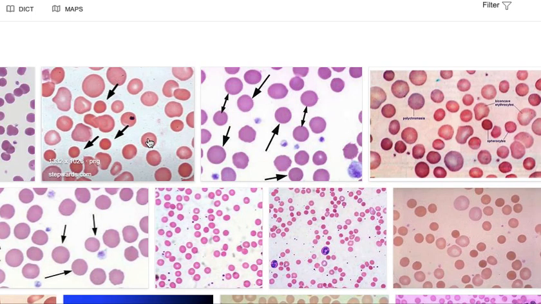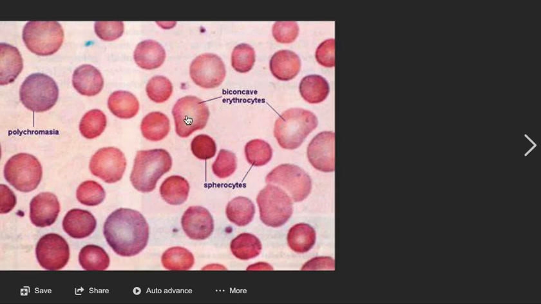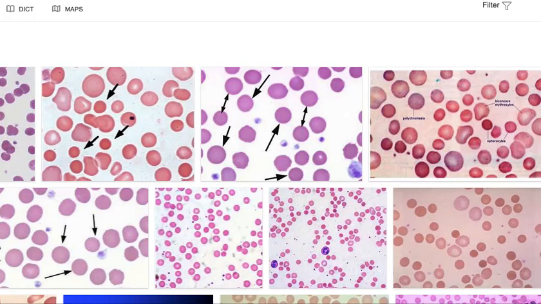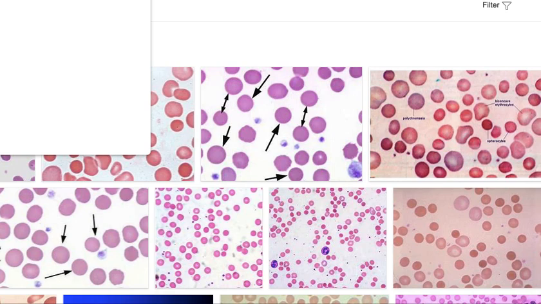You can see in hereditary spherocytosis, their cells are completely round in shape, right? Normally the RBCs are biconcave in shape like this, but see spherocytes, the RBCs are almost round in shape. So we do a test called the osmotic fragility test.